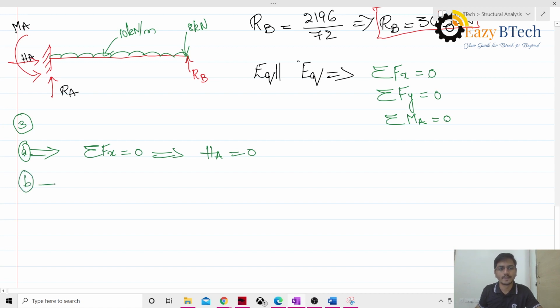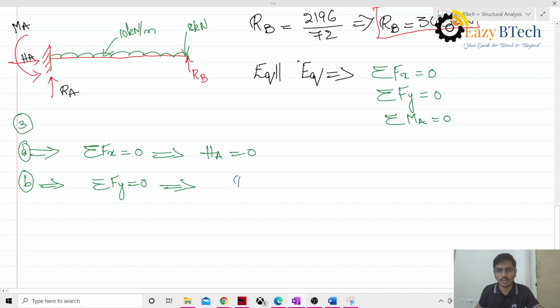Going to 3B, that is sigma Fy equal to 0. Let me select another line. Now, what does this second equilibrium equation mean? All the vertical loads will be equal to 0. What are the vertical loads we have in here?